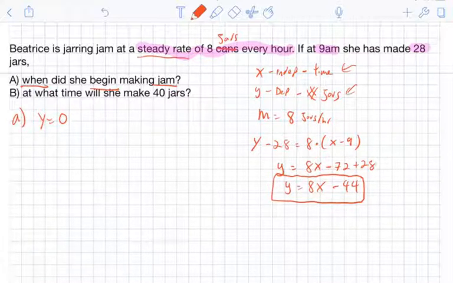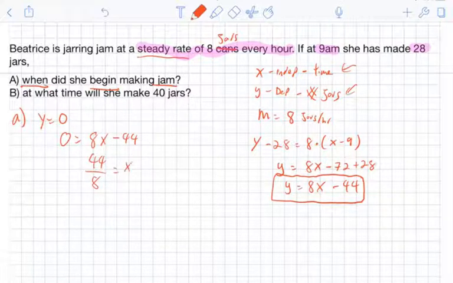And so I can use that to figure out what value of x, the time, she started. 5.5. Okay, so that's in hours. So she started at 5:30 a.m., which is pretty early to start making jam, but I guess whatever you want.